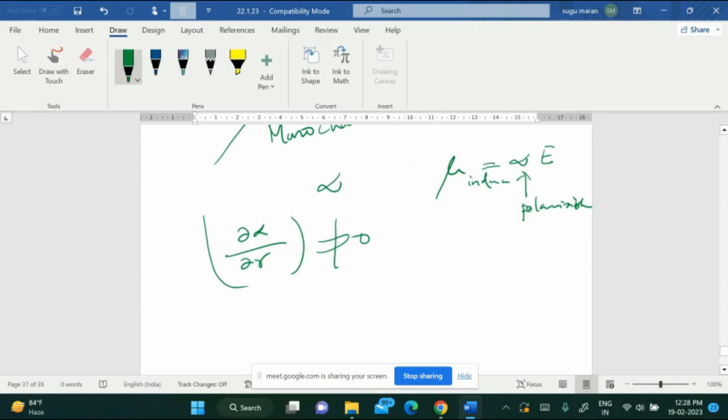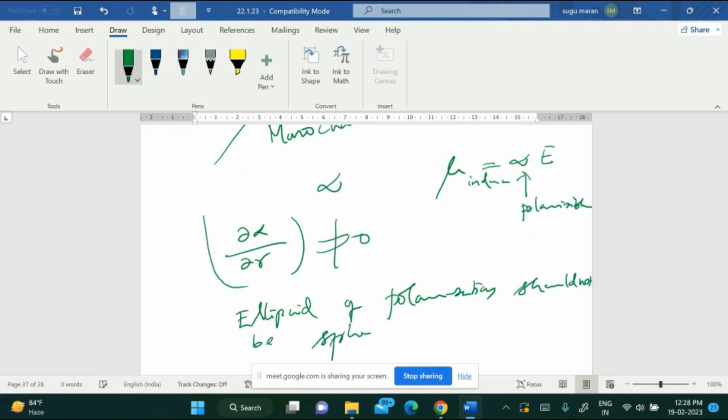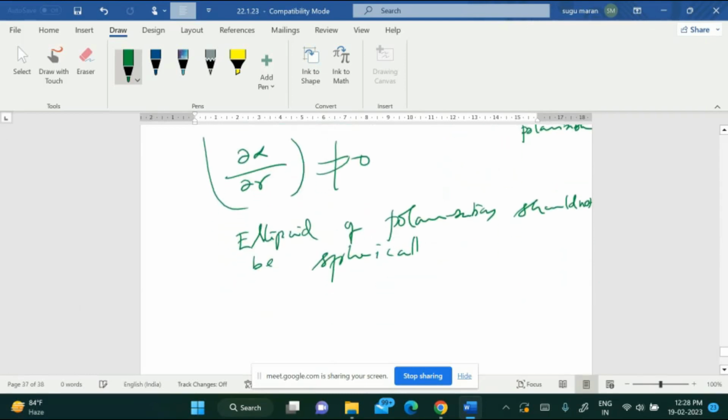In other words, in Raman spectroscopy, the ellipsoid of polarization should not be spherical. If it is spherical, the molecule is Raman inactive.